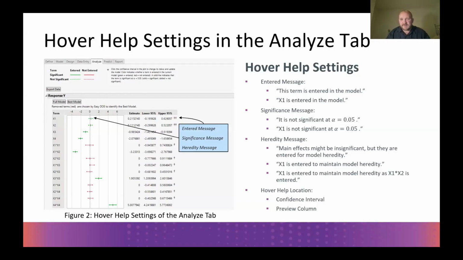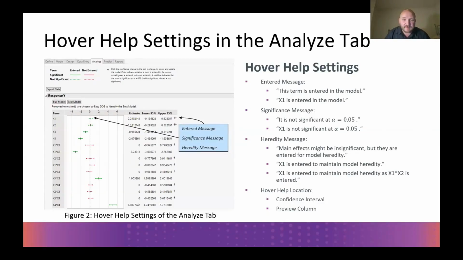The significance message, whether the term was significant or not. A heredity message, why was a certain term included in the model, even though it's insignificant. Oftentimes there's this property called heredity, where if an interaction term is significant, but the main effect isn't, we'll include the main effect anyways.